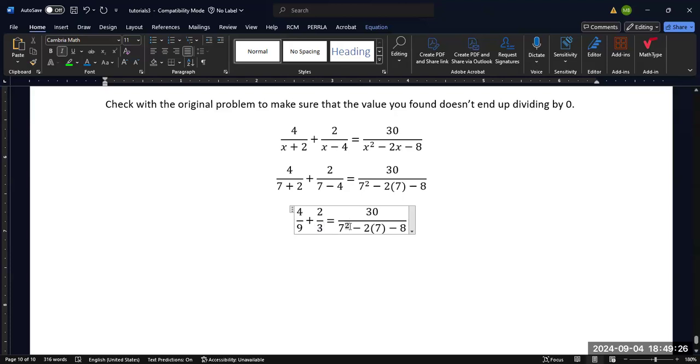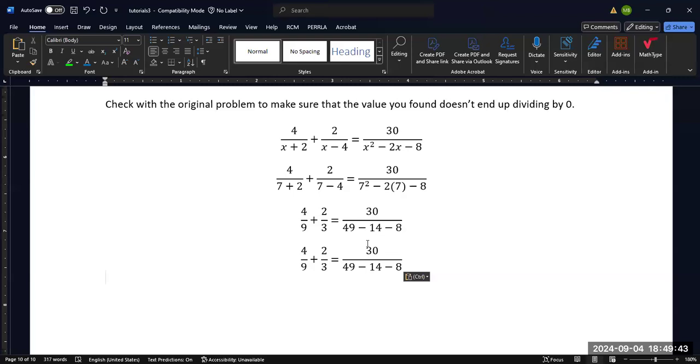This is going to give me 7 squared is 49, and 7 times 2 is going to give me 14. And then if I simplify this denominator a little bit more, 49 minus 14 minus 8 is going to give me 27.